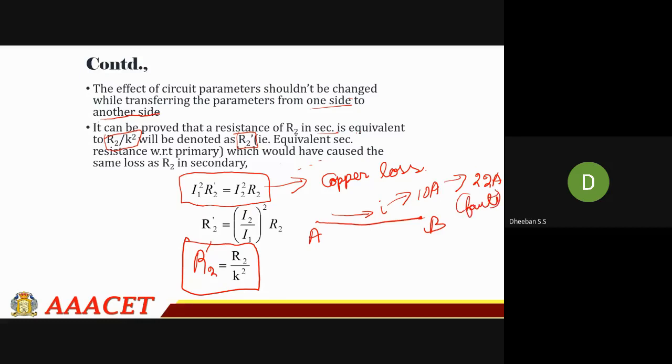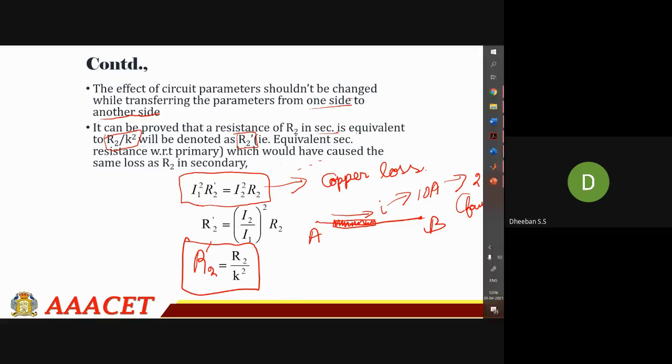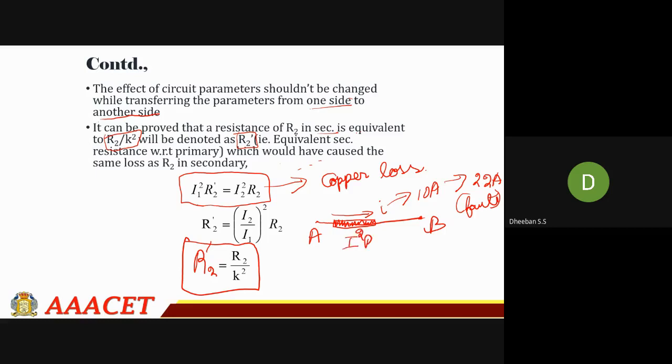At that time, this wire gets heated up, so there will be a lot of losses due to the heat. This is called your I square R loss. So there will be I square R loss in this wire from A to B, and that's why it's also called a copper loss.